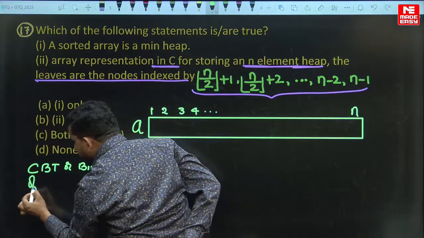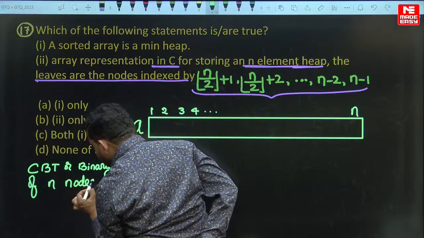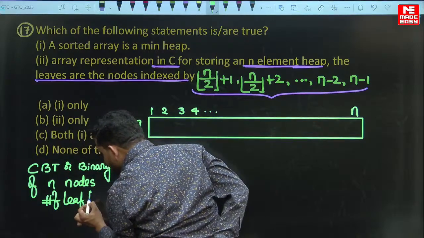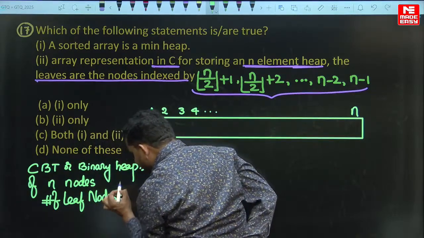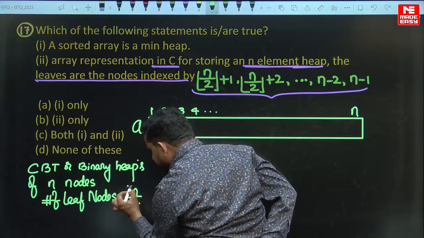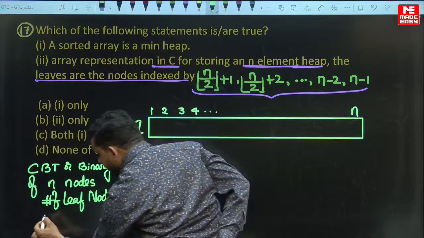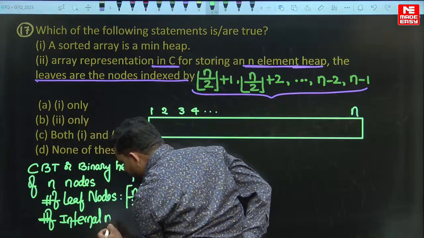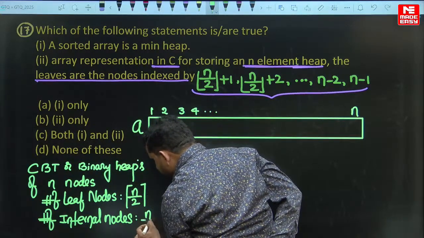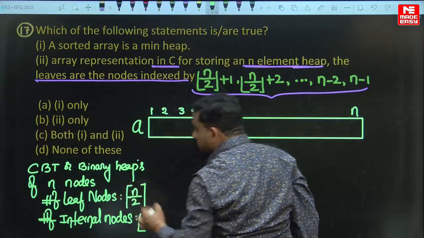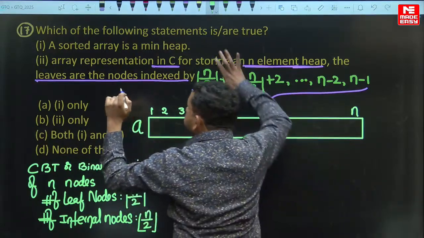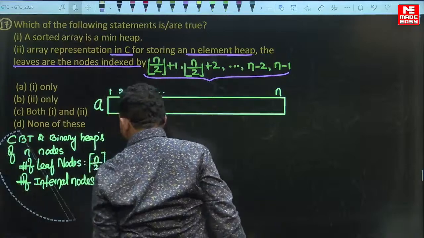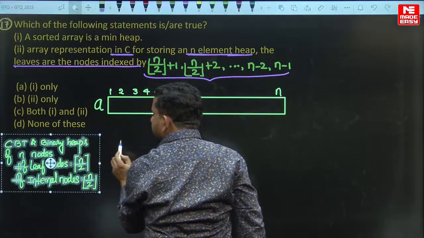For n nodes, the number of leaf nodes is exactly ceil(n/2), and the number of internal nodes is exactly floor(n/2). For a complete binary tree of n nodes, the number of leaf nodes and internal nodes are ceil(n/2) and floor(n/2).